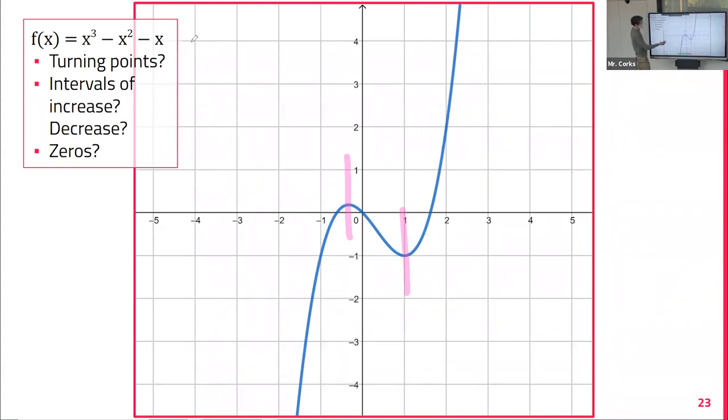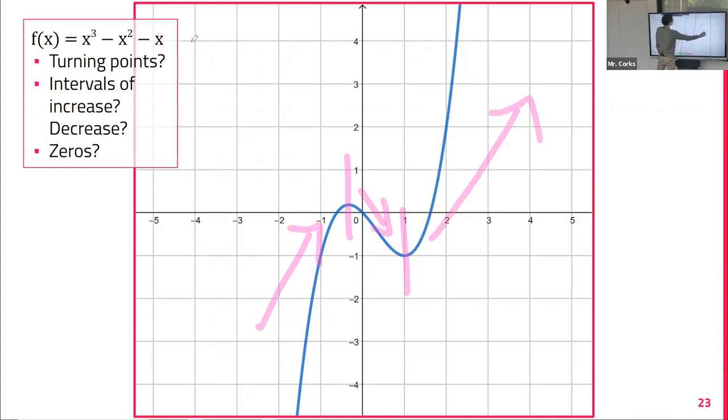Okay, so we have 2 turning points. So how many intervals of increase or decrease do we see? 3. So we have, to the left of the first turning point, an increasing slope. Between the two, we can see it's going down. That's a decreasing slope, so all negative slopes.